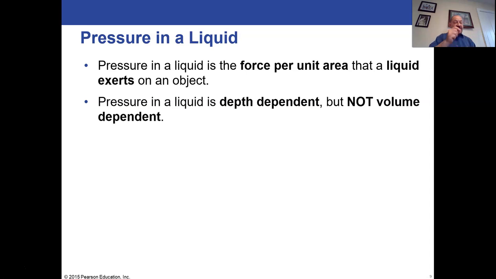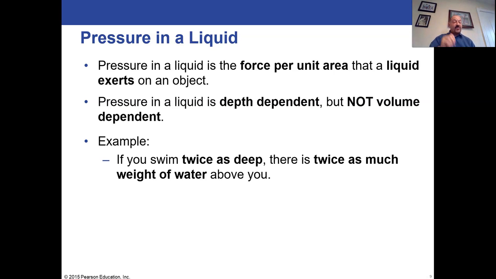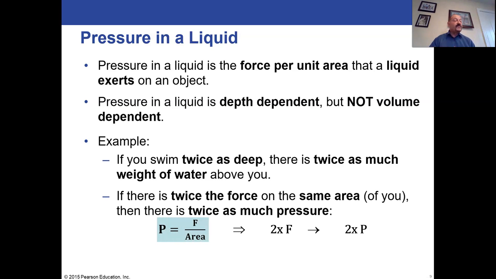Because when you're down below in water, the only thing that's important for pressure is how much weight is sitting directly above. It's not the weight all over on the sides. So it's not dependent on the volume. It's dependent on how much water is above it. So if you swim twice as deep, there's twice as much weight of water on top of you, and therefore you'll feel twice as much pressure, twice the force.